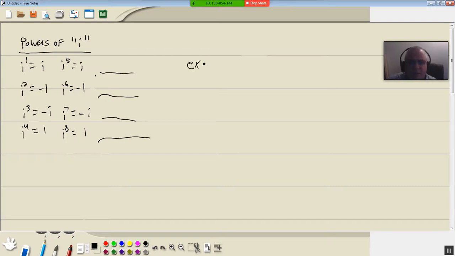Well, let's say I had i to the 202nd power. I probably don't want to create the table out that far to 202. So there's a shortcut way of doing this. You're going to take your power, which is 202, and you always divide it by 4.